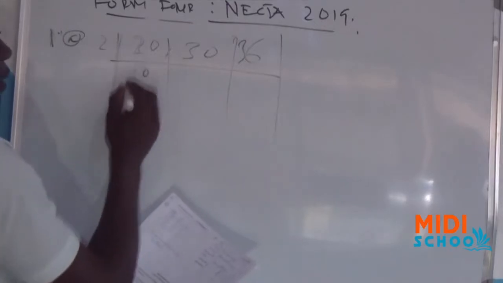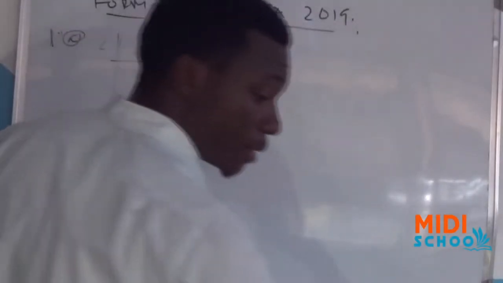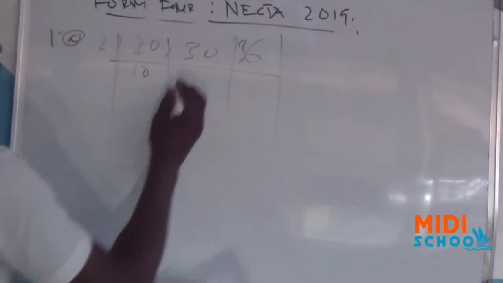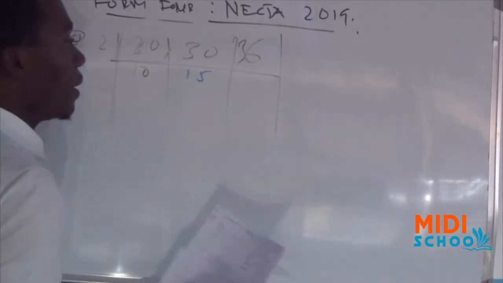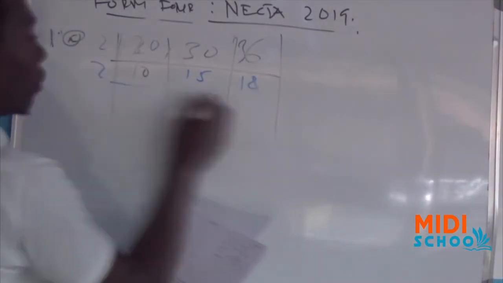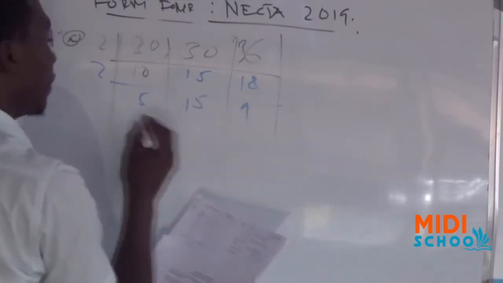Here we get 4, here 6, and here we get 18. Also we divide by 2, we get 2, 3, and 9.